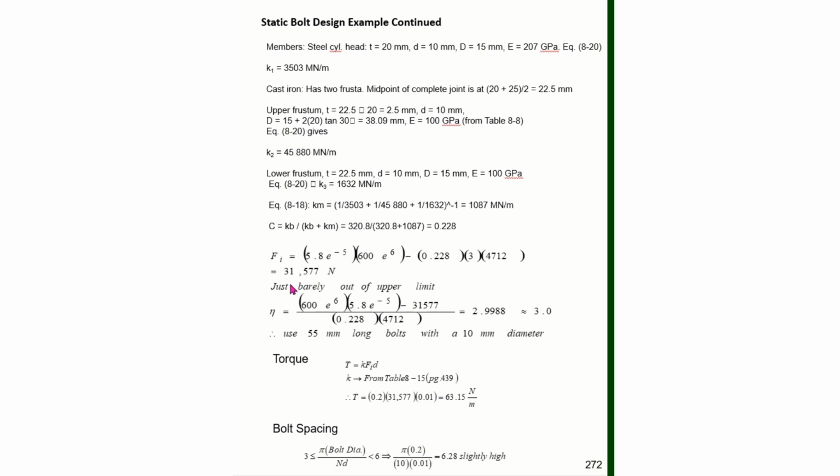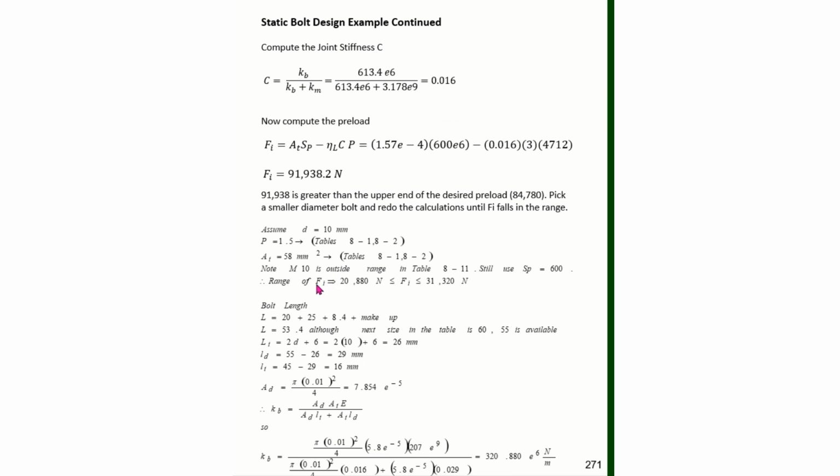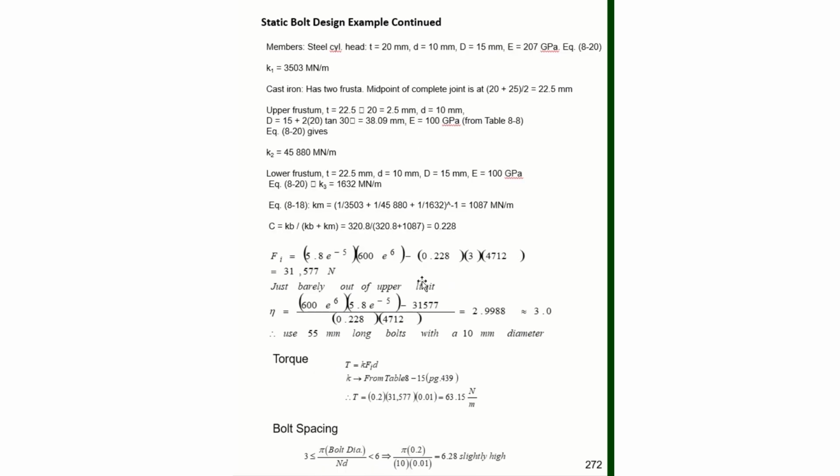This time, when we computed the preload, we have 31,577 newtons. And the new range for the preload that we computed back here was 31,320 for an upper bound. So we can see that we are just barely outside the upper bound limit.